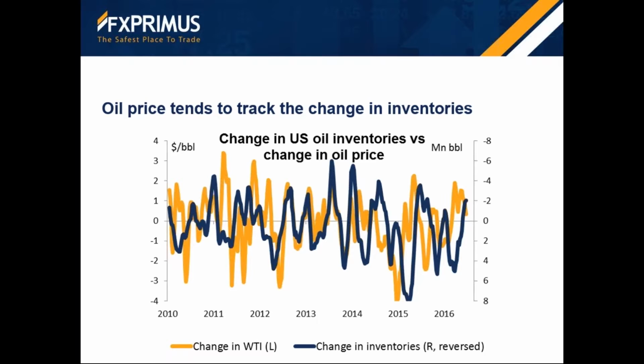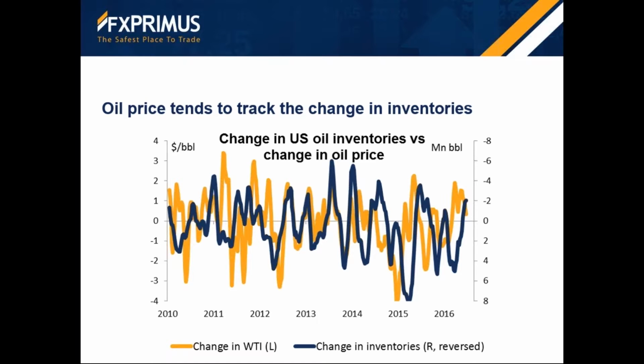As you can see, when inventories are increasing, that's when the orange line is going down. In this slide, you can see that WTI prices tend to decline too, and vice versa. That's because rising inventories, as I said, show that supply of oil exceeds demand.